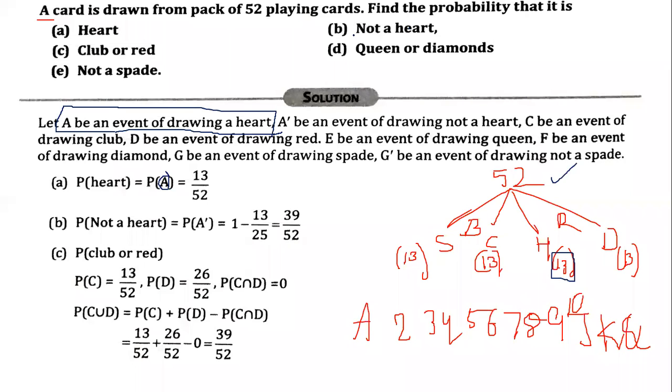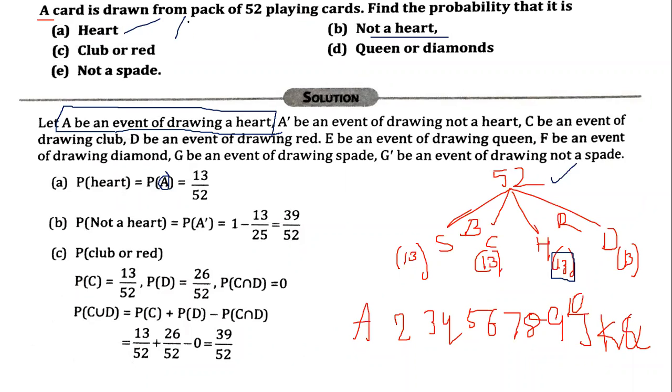Next question, not a heart card. Let us read the question once again. A card is drawn from a pack of 52 playing cards. What is the probability that it is not a heart? First one, it is a heart. Second one, it is not a heart.